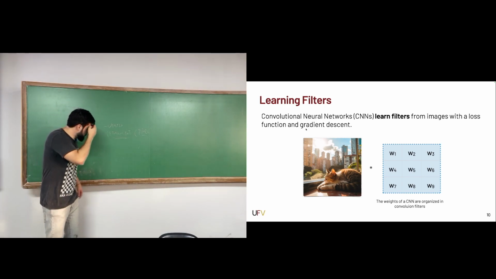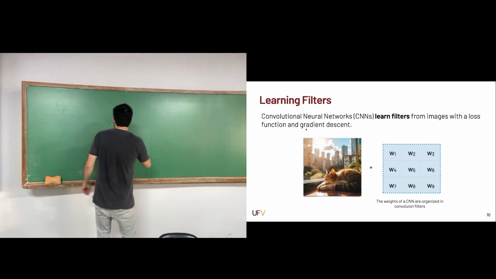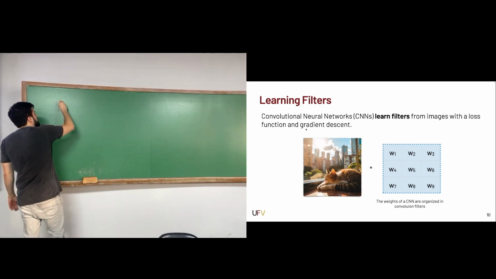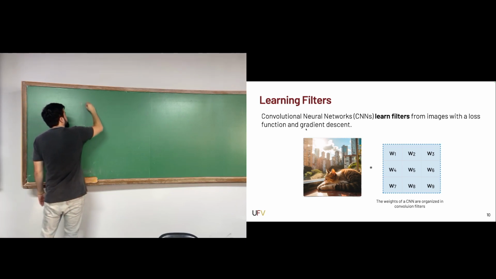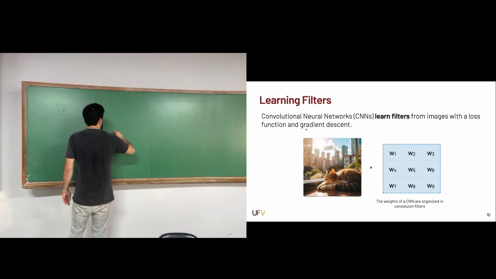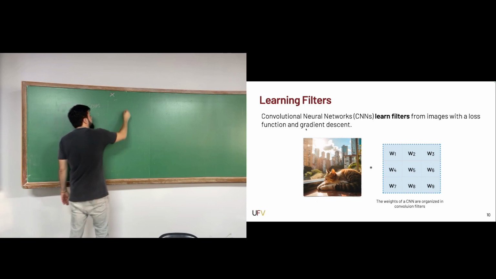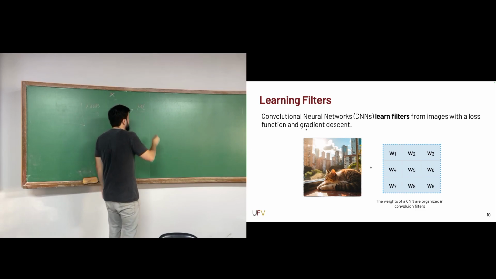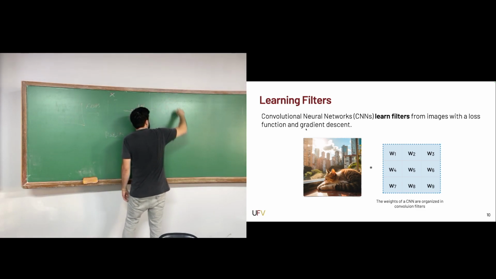Prior to deep learning, the major idea in computer vision was to design algorithms that would take images, then use filters to get features. So this would generate a vector of features, a vector x, and this would go into a classic machine learning algorithm, which would give us a prediction, y hat.